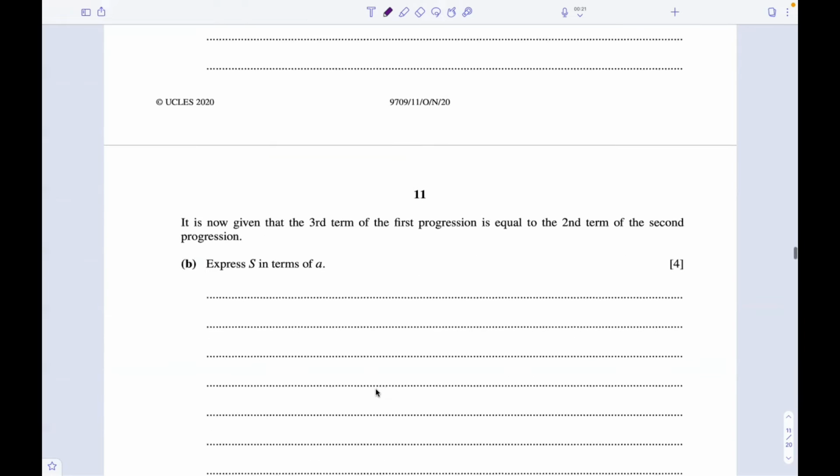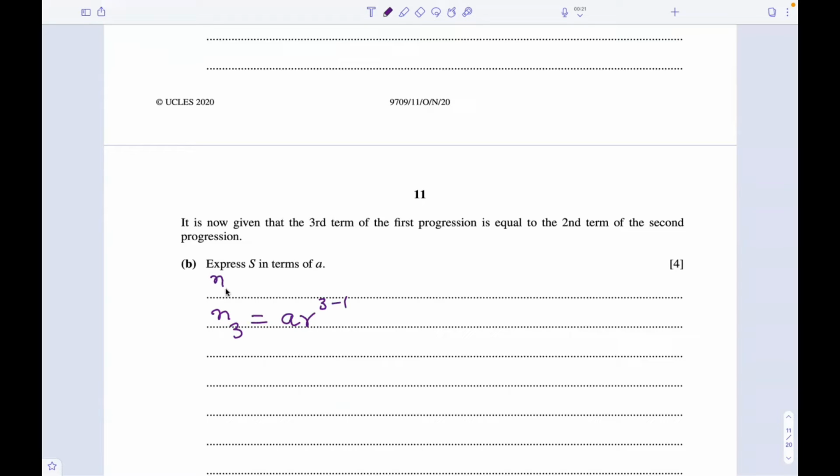In the second part, it is given that the third term of the first progression is equal to the second term of the second progression. The third term of the first progression would be A r to the power 3 minus 1, because it's a geometric progression.